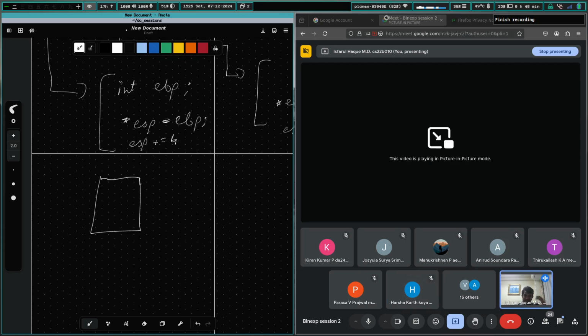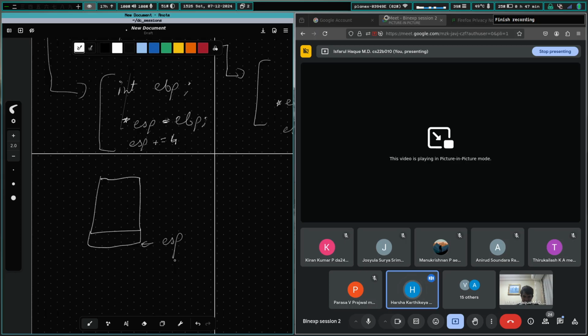Yes, all registers act as pointers. ESP pointed here. This means you wrote it here. This means you shifted it down. This much clear? One second. Karthikeya, you go first. Is that clear?